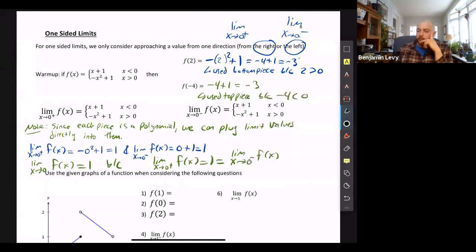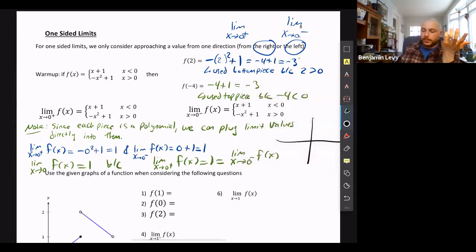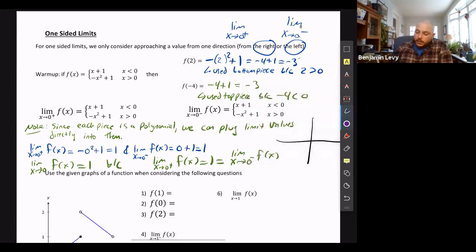which was the same thing as we got as we approached 0 from the left. And we can graph this. We can graph this one pretty easily because it's not too challenging of a function. It's a straight line before 0, and then it looks like minus x squared plus 1 past 0. So that looks like this. If we graph that, it would be coming up here with an open circle, and then down like that.